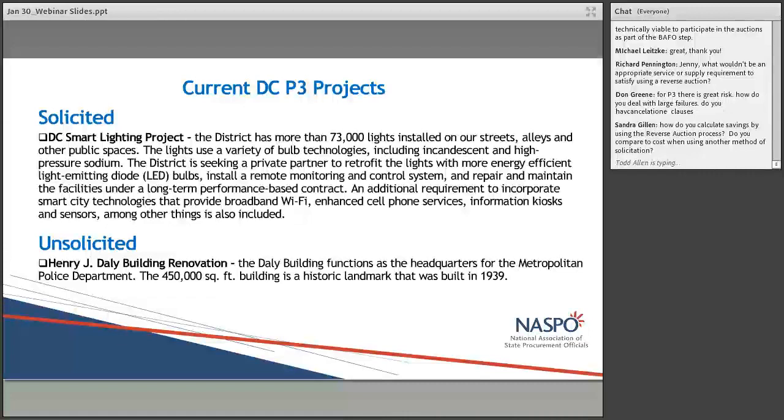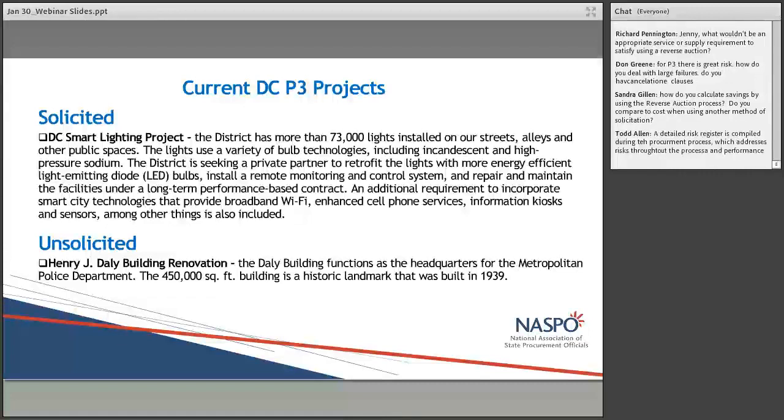Someone just asked about how we calculate savings, and we're very conservative in how we calculate savings in an auction. So when the auction's over and we have an awarded supplier, we look at their pricing in the first round of pricing before the auction compared to their final auction pricing. In many cases, that price is significantly lower than what we paid last year, but we don't count that.